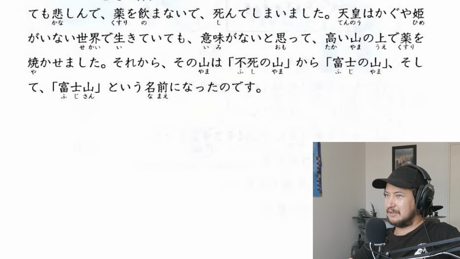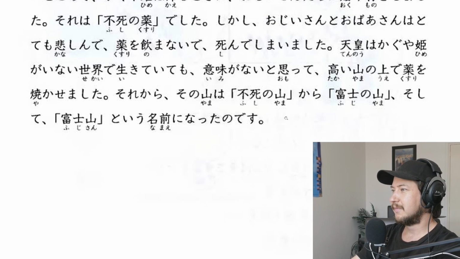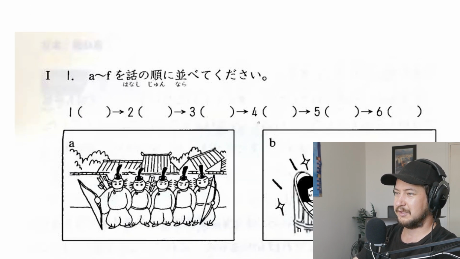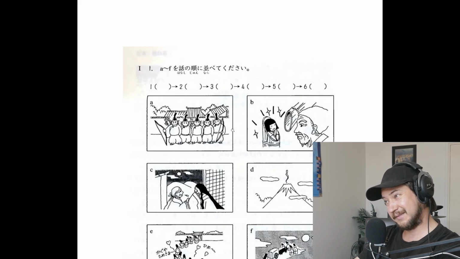And basically, an even shorter version of that is Fujisan. という名前になった. So the so-called name became that. All right, that's a lot to take in. And that's it. That's the story, apparently. All right, what a trip it was.